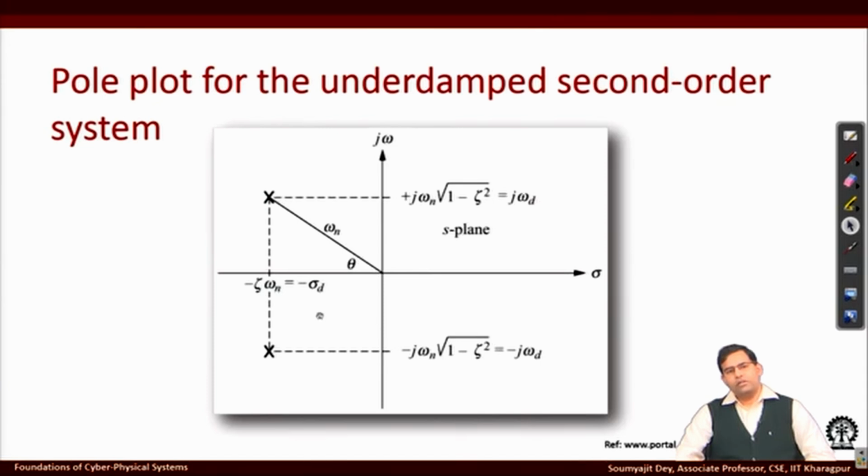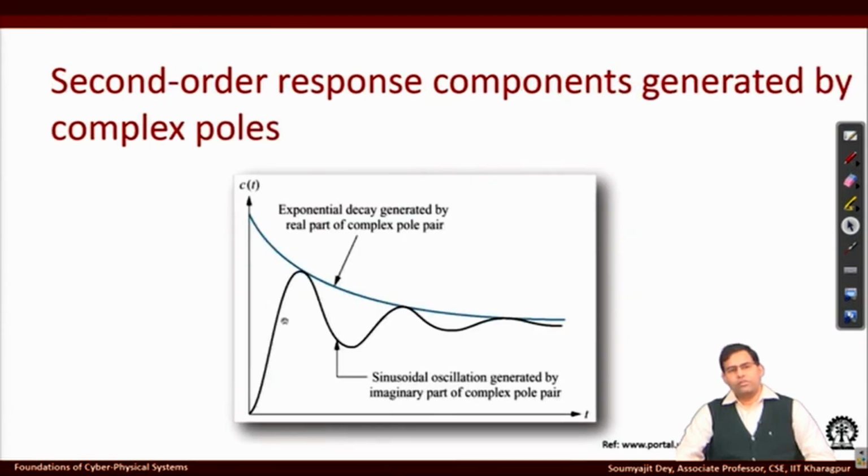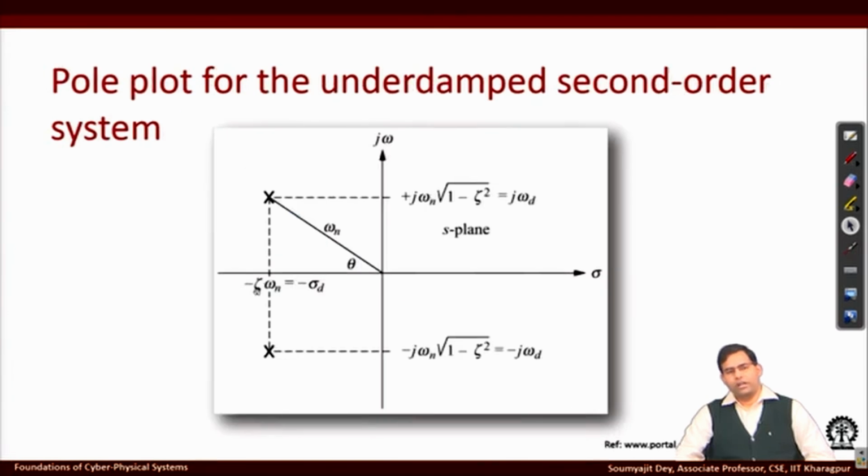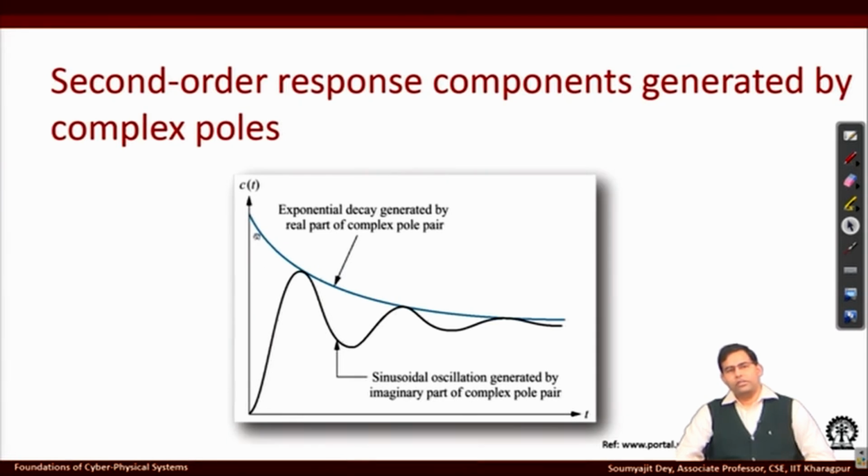You have the real part, which has the damping ratio, and you also have the imaginary part. As we know, the imaginary part indicates the oscillations, because the oscillation frequency is governed by the imaginary part, and the real part has a negative damping value. That takes care of the fact that you have an exponential decay on this curve.